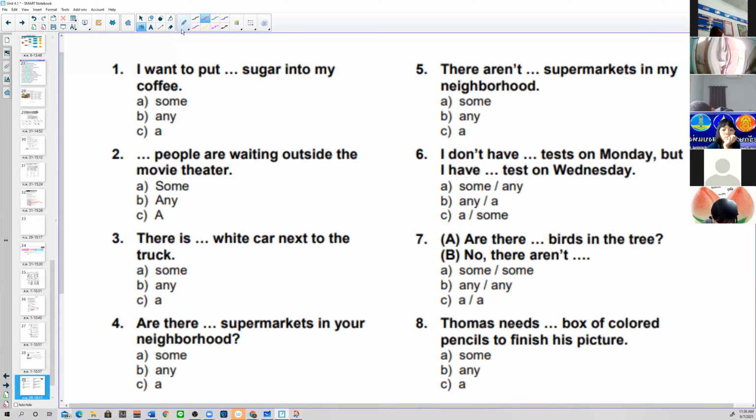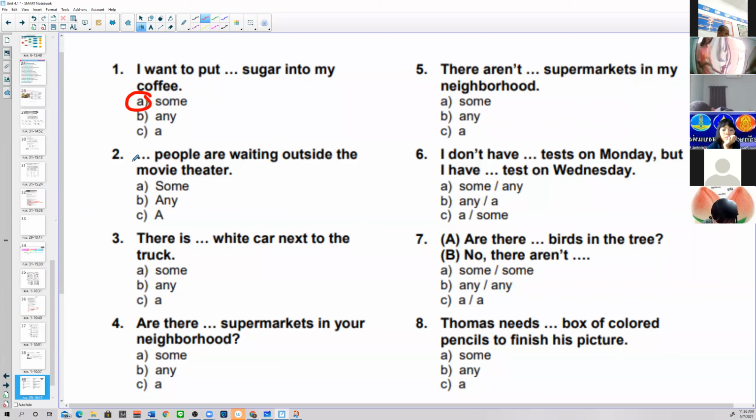Okay. This one is to go back to the grammar on some and any again. Let's do this together before I give you the assignment in the Google Classroom. Number 1, what is it? I want to put some sugar into my coffee, because it's an affirmative form.